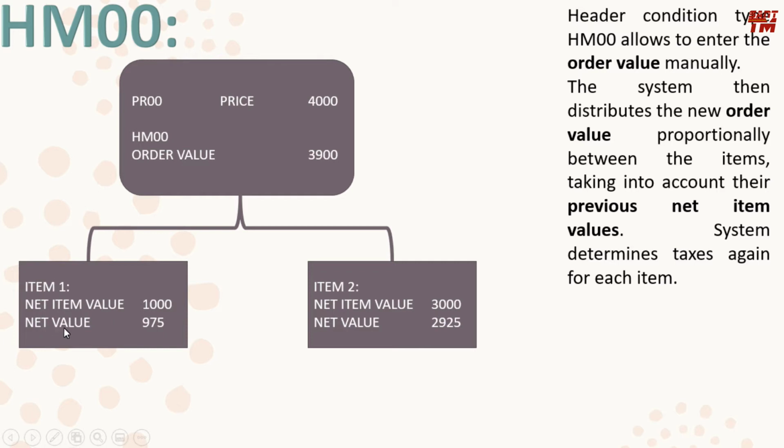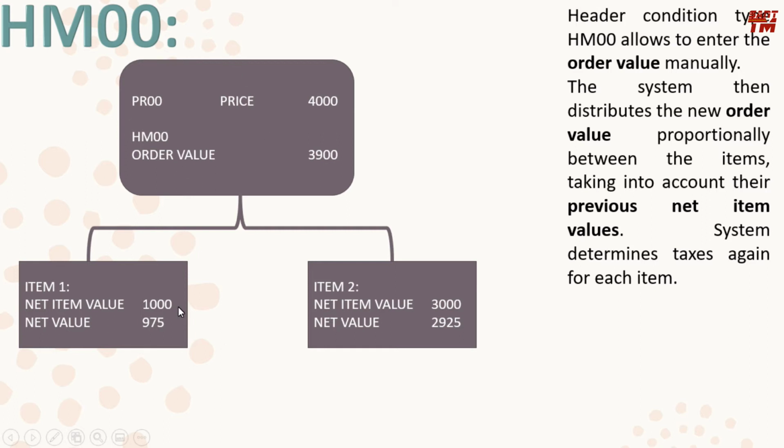So the new net value of item 1 would be 975 euros. And 3 parts of 3900 is 2925 euros, so the net value of item 2 is 2925 euros. As 4000 was divided in that ratio, 3900 also gets divided. This is how the manual order value is divided among all the items associated with that order.